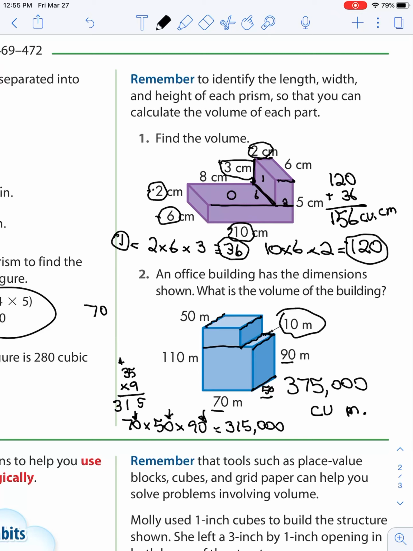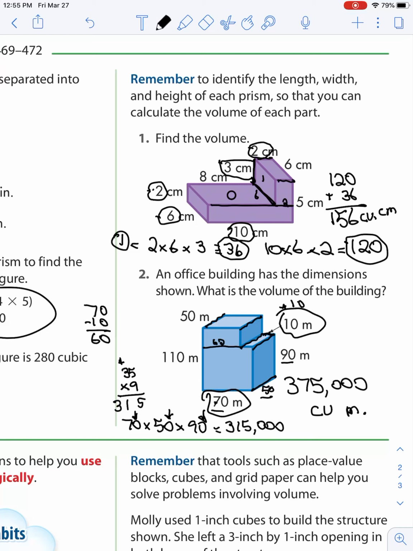This is the amount that is not part of the 70, which makes up this rectangular prism. So we have to take that 10 away to get 60. So we know that this length right here for the top rectangular prism is 60, because 60 plus 10 is going to equal 70.